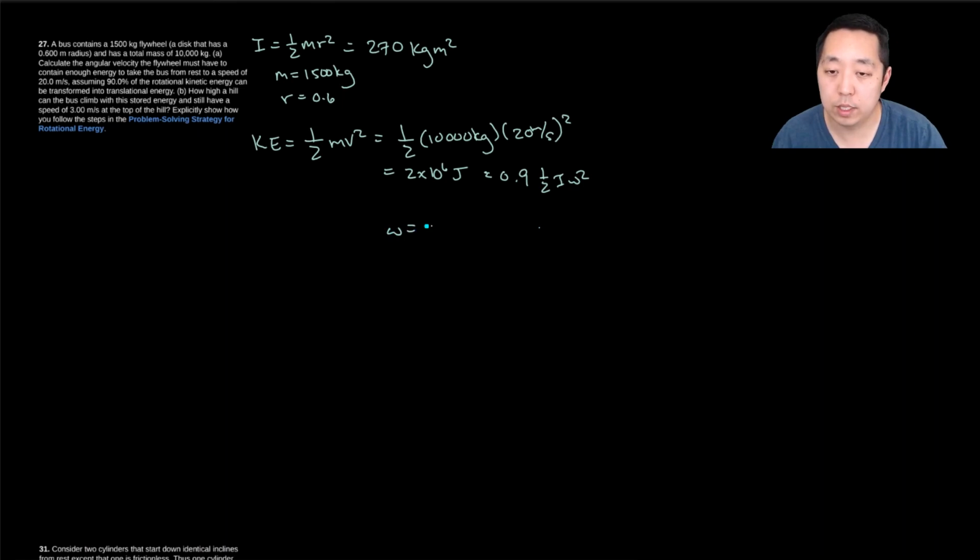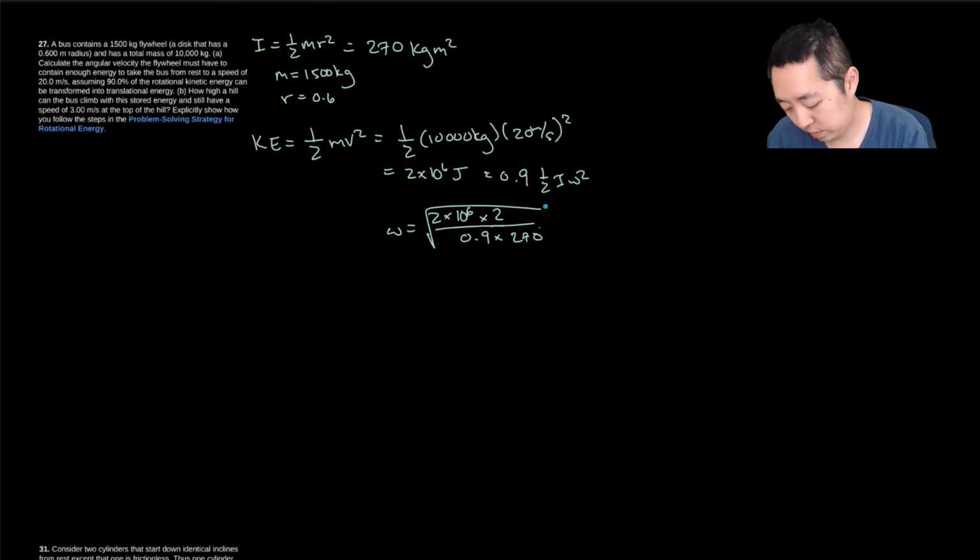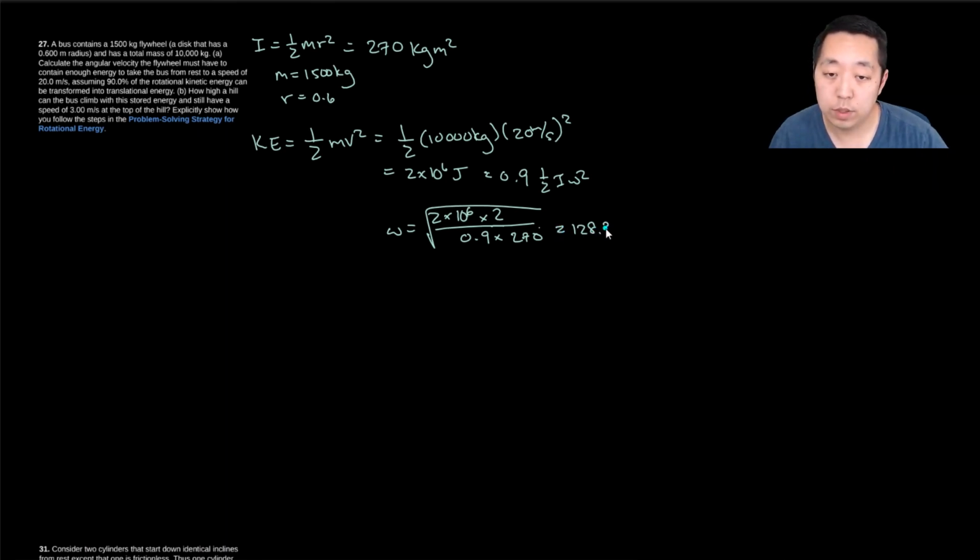So omega is going to be this 2 times 10 to the 6th times 2 divided by 0.9, and then divided by I, which is 270, and then square root this. That gives .3 radians per second. So that's the first part of the question.